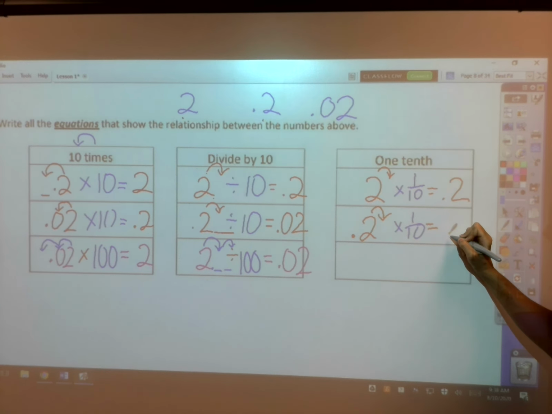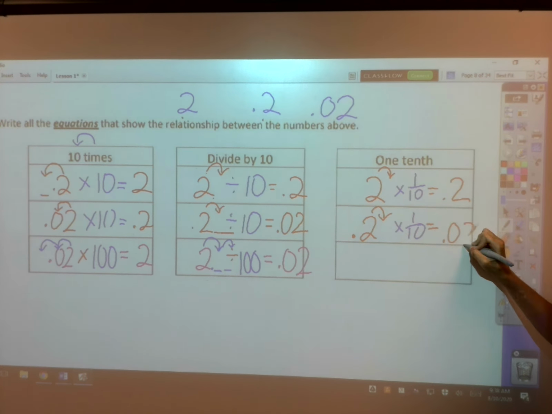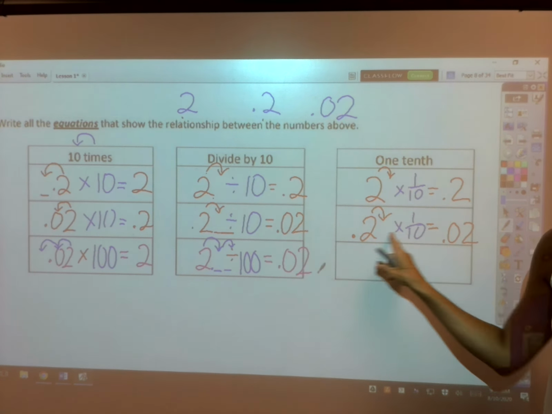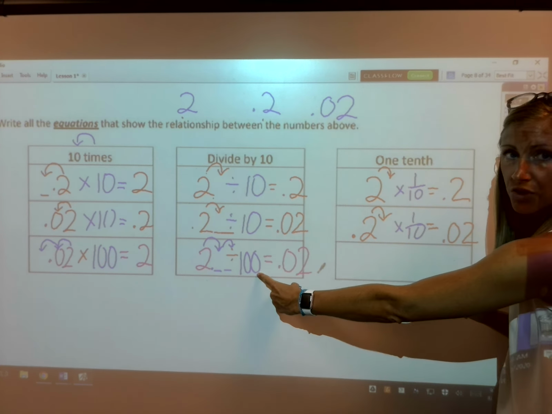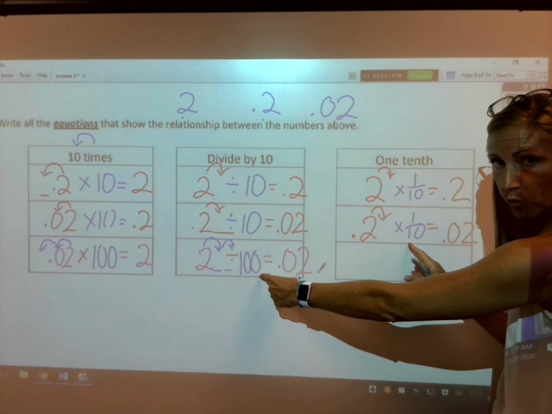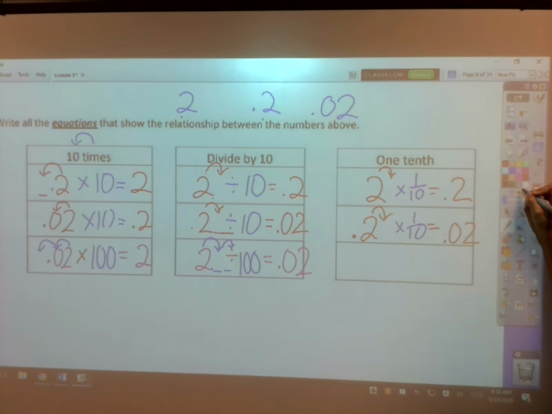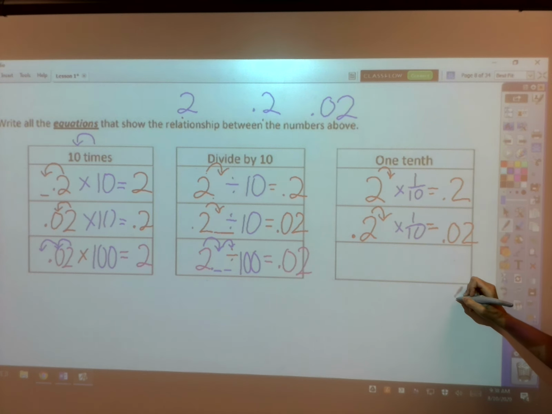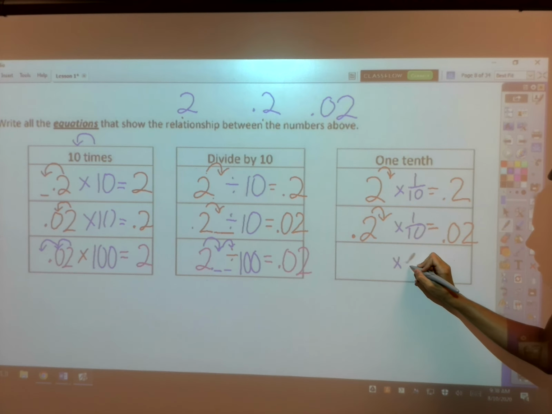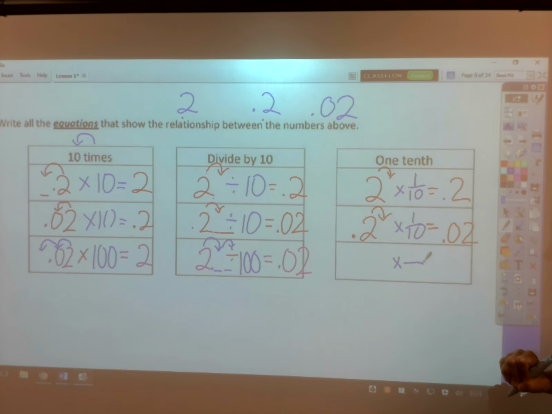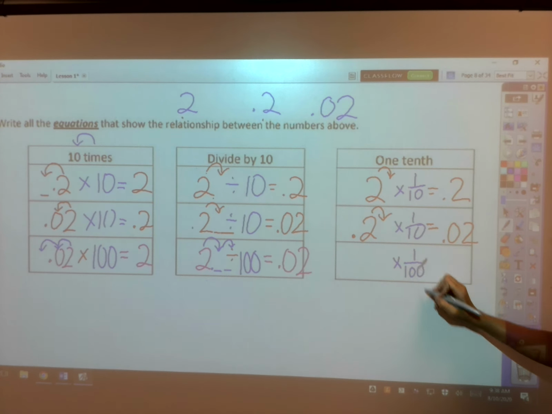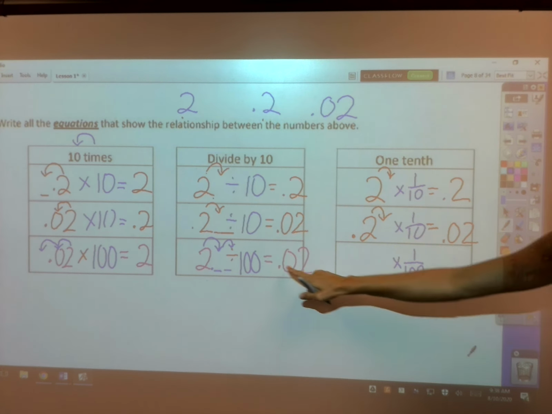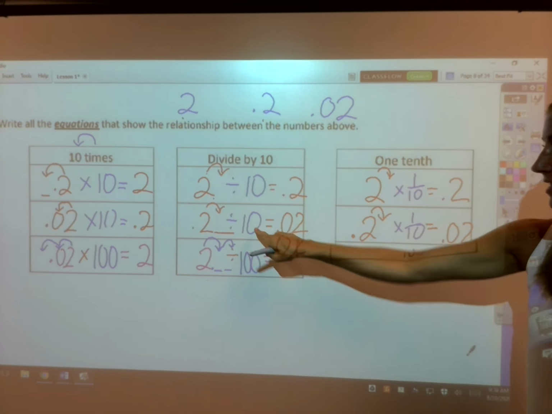So it became a 200ths. Okay, same thinking here. How would I write divide by 100 but in fraction form? The inverse. What do you think? So I know it's got to be multiplication and there's going to be a fraction. What do you think? Hopefully you said 1/100. So see the similarities here? The 10, the 10.